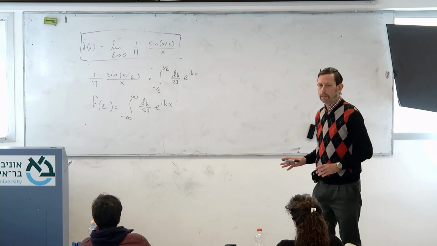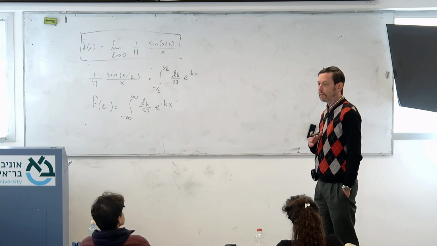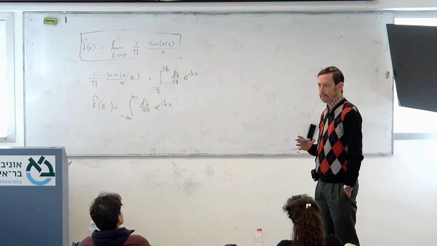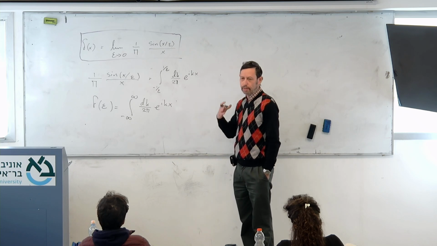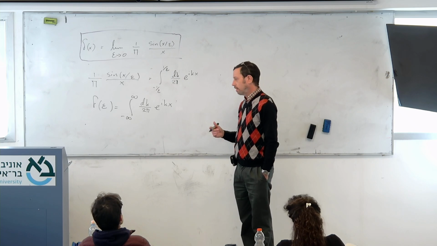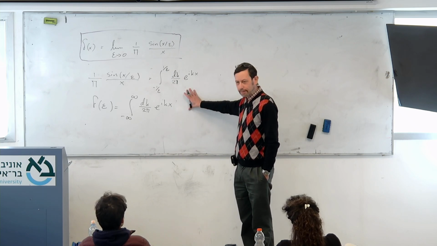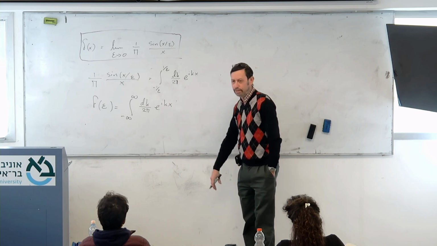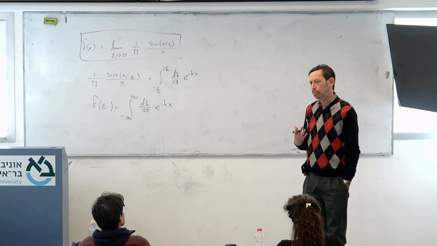This identity from now on will be one of the most useful identities that you have ever encountered in physics. It will repeat itself in solid state physics, it will repeat itself if you do field theory, anything. This is an extremely useful identity, and it's very easy to work with.